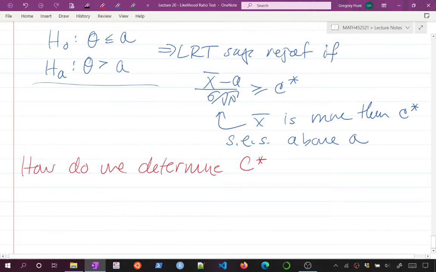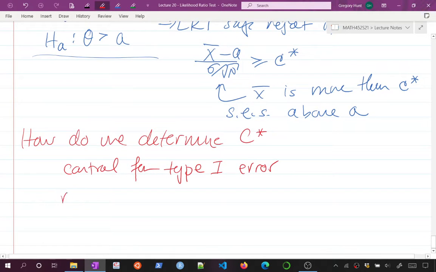How do you know how many standard errors is too large? Well, this depends on whether I want to control for a type 1 or type 2 error. Typically what we do is control for a type 1 error, that's what you do in an intro stats class. And so what you want to say is that we want to make this a level alpha test.